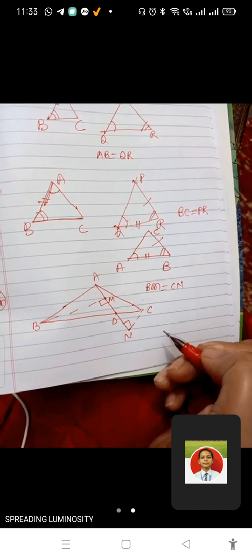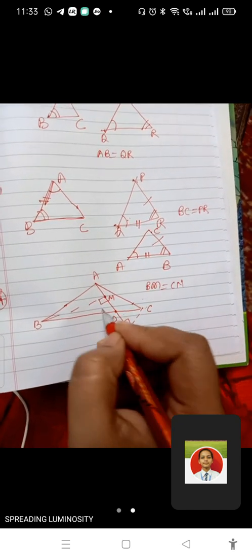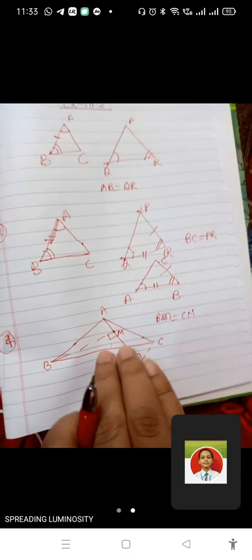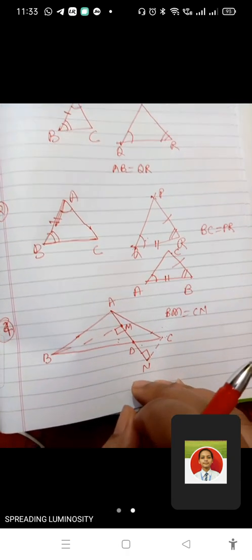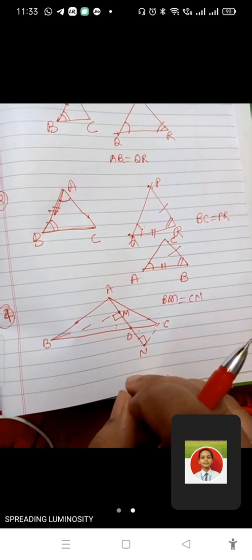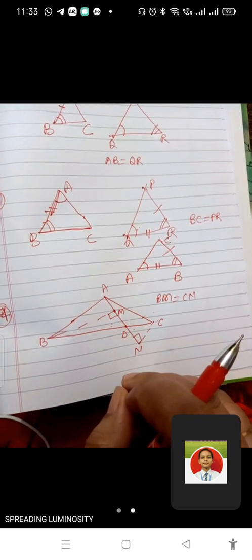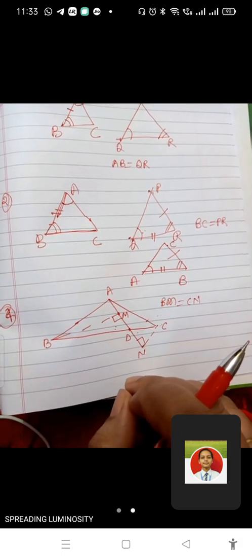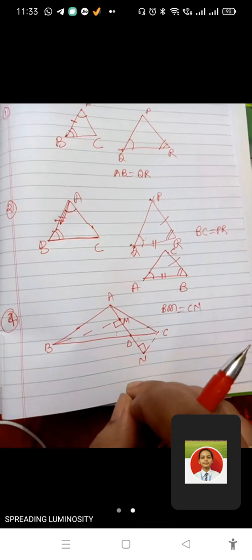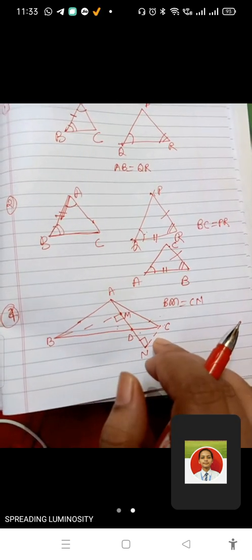How can we prove? Take these two triangles. Here it is given that no side is given equal. AD is the median of triangle ABC.